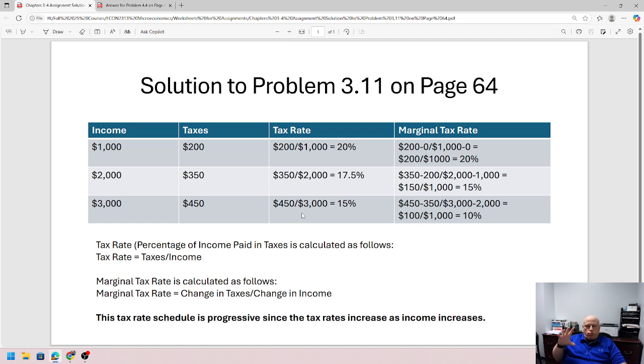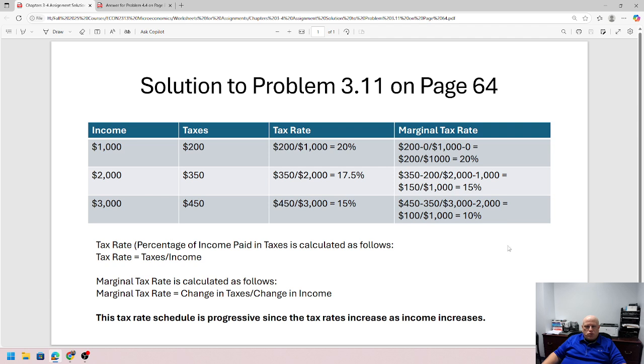Okay. Now on the second one, it's going to be different. So again, all you do is you take what your tax is now minus what it was before. So in other words, 350 minus 200, which is 150, over $2,000 income minus what it was before, which was 1,000. So it's 150 over 1,000, which is 15%.